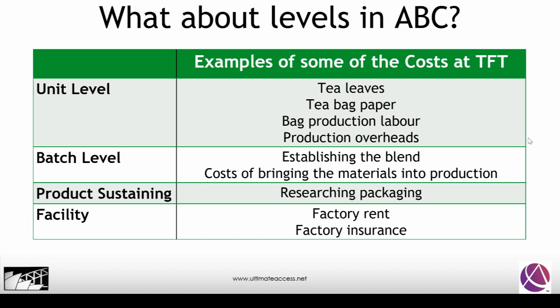So that would be a product sustaining level area where we could have some cost pools. And then at the facility level, this is where the tea bags are manufactured. So it would be things like the factory rent, factory insurance. Maybe if we've got factory managers and so on, then all of those would be included within a facility level aspect of ABC.